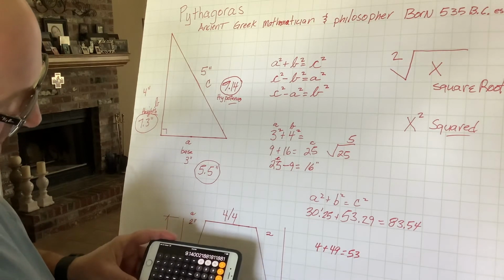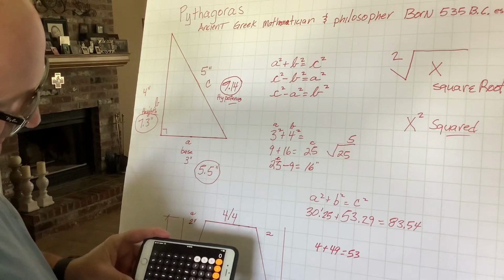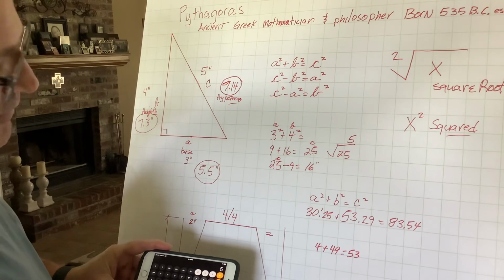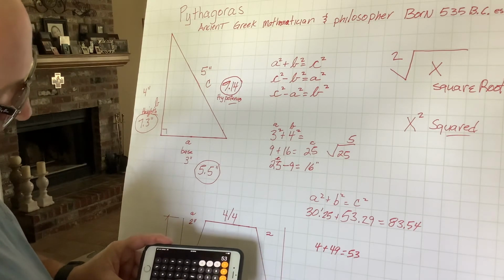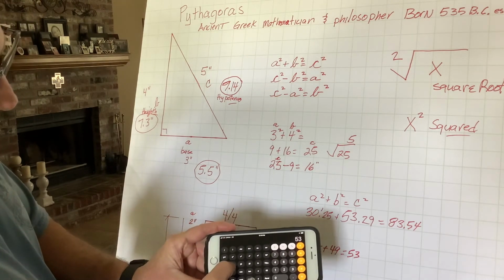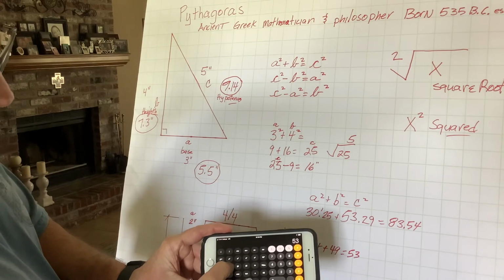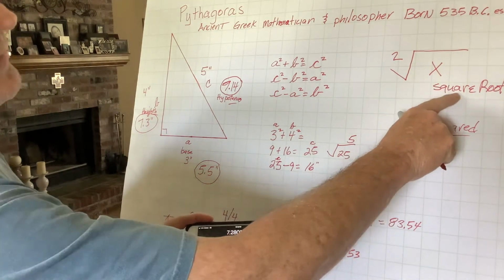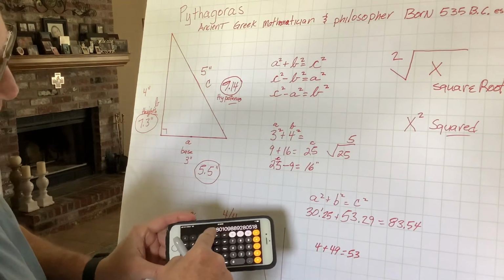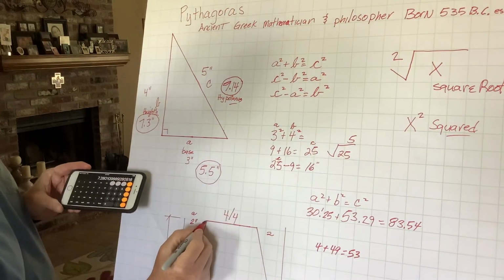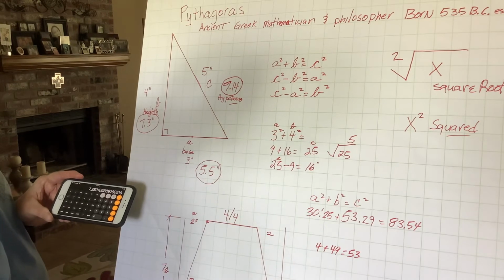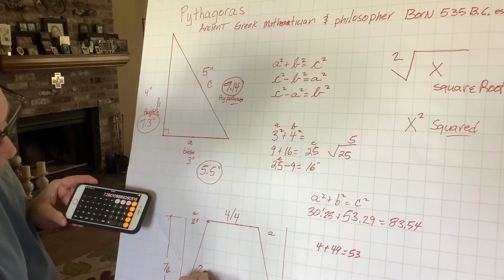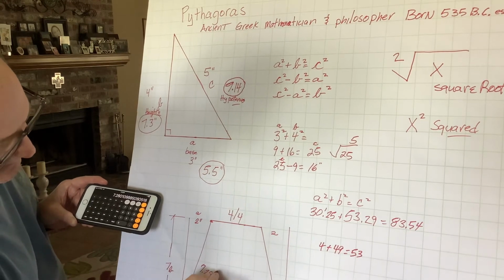Turn it to the scientific side. I'm going to clear that one. So 53, and then I'm going to hit the square root, which is this symbol right here, and it's going to equal 7.28 inches. So that distance from there to there on that slope is 7.28 inches.